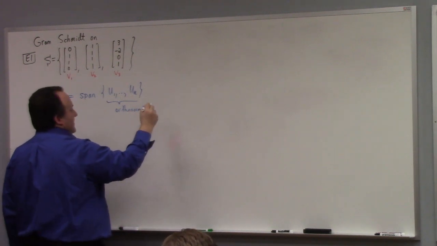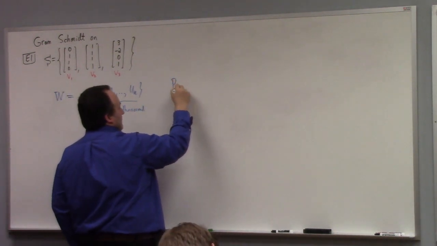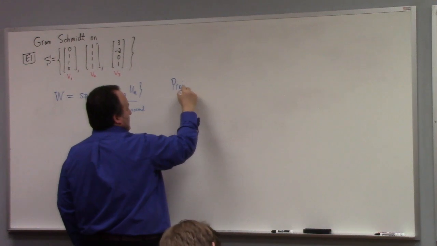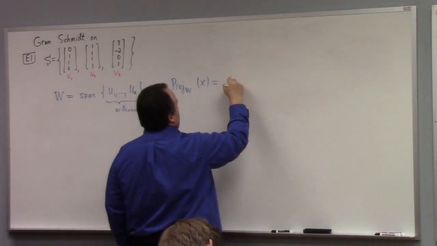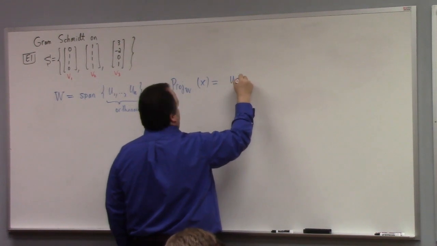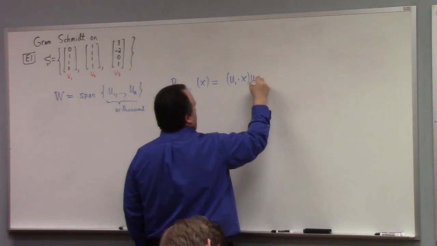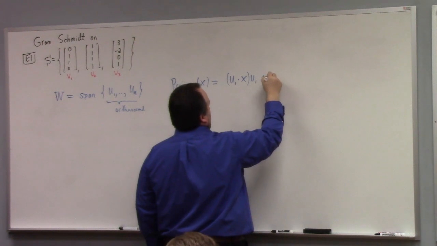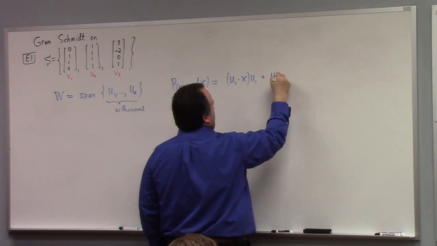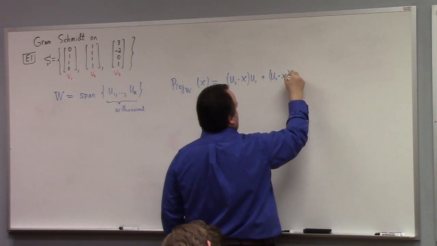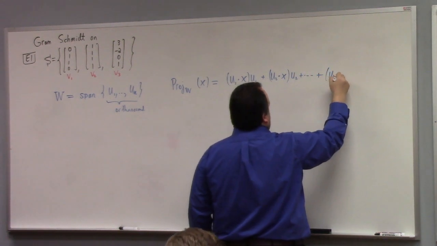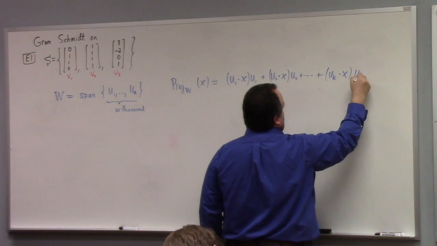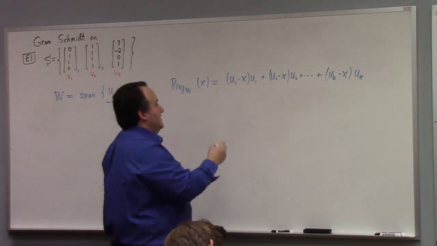As I described last class, the projection onto W of a vector x is given by U1 dot x times U1 plus U2 dot x, U2, and so on. I could put the x first or last, doesn't matter, the dot product's commutative, right? Up to UK dot x, UK.